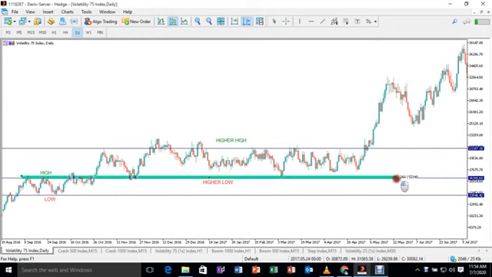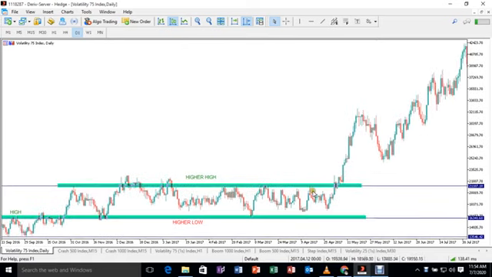This is your support, and this is your resistance. So we are waiting for a breakout, a possible breakout from either this resistance or the support. Don't forget, this is the higher high.